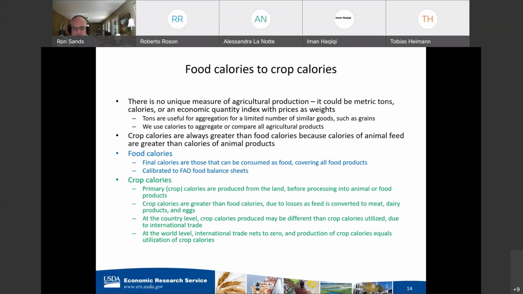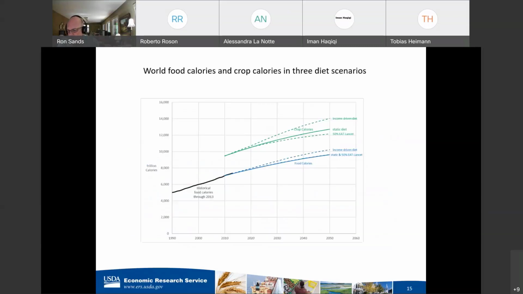Okay, so I'm going to show you my final result slide. This is a plot of food calories at the world level. Food calories consumed at the world level through 2050 under the three diet scenarios, and the corresponding crop calories that need to be produced to support those diets represented by the food calories up through 2050.